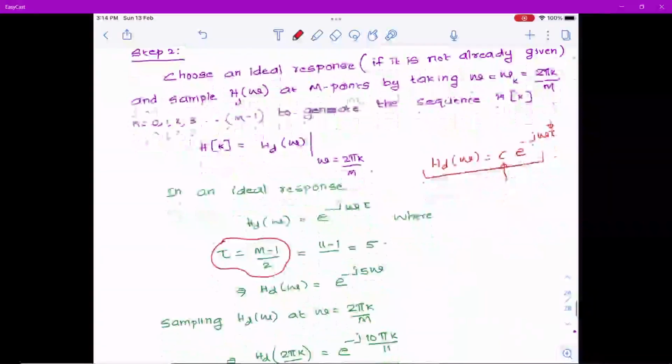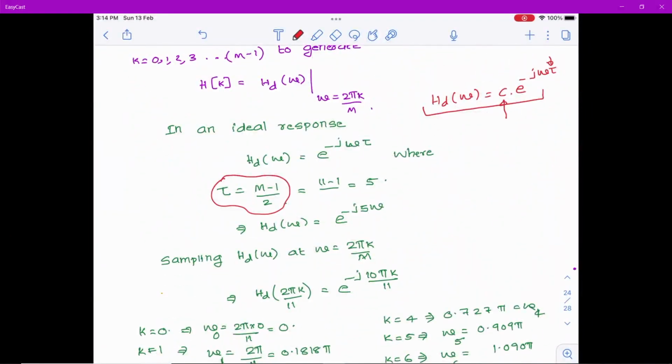Here we have considered the magnitude as 1, because in our specification the value is given as 1. So our Hd of omega is e raised to minus j omega tau, where tau is (m minus 1) by 2, and when you compute this you get tau equal to 5. So our Hd of omega is e raised to minus j 5 omega.